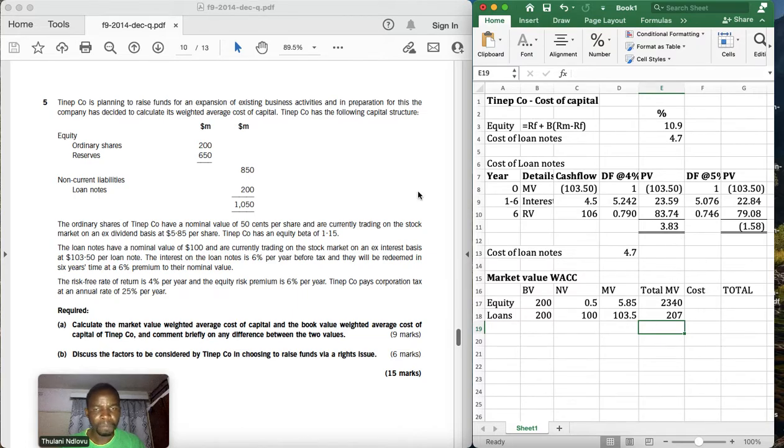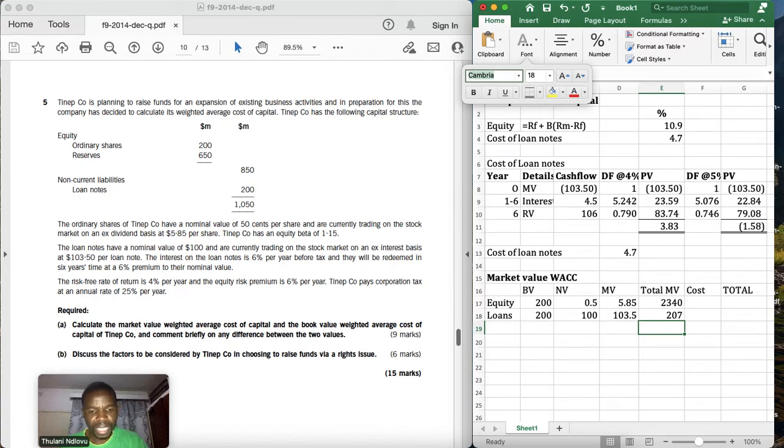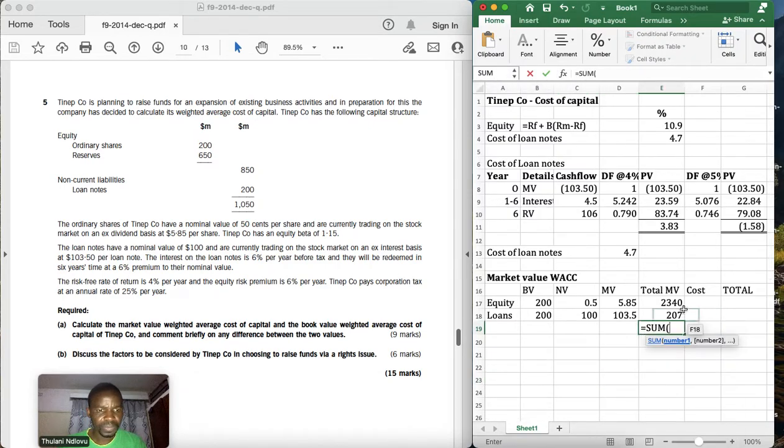Here we have to sum. Then our cost, the cost of equity, we have found it above, 10.9.